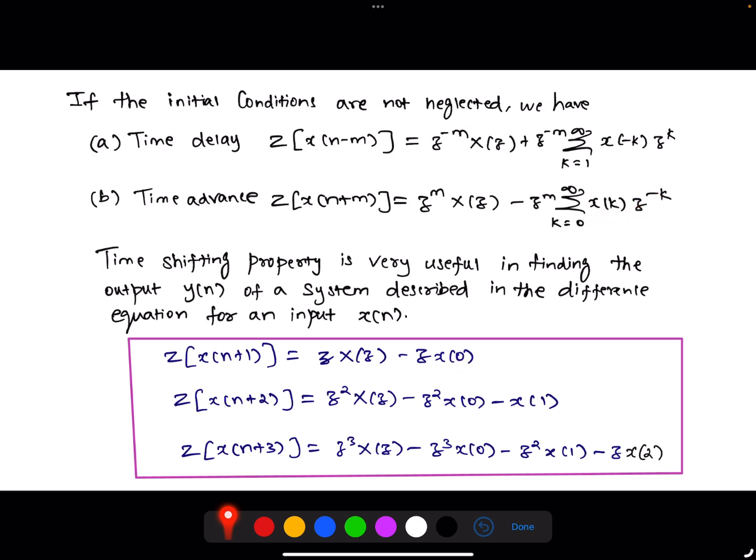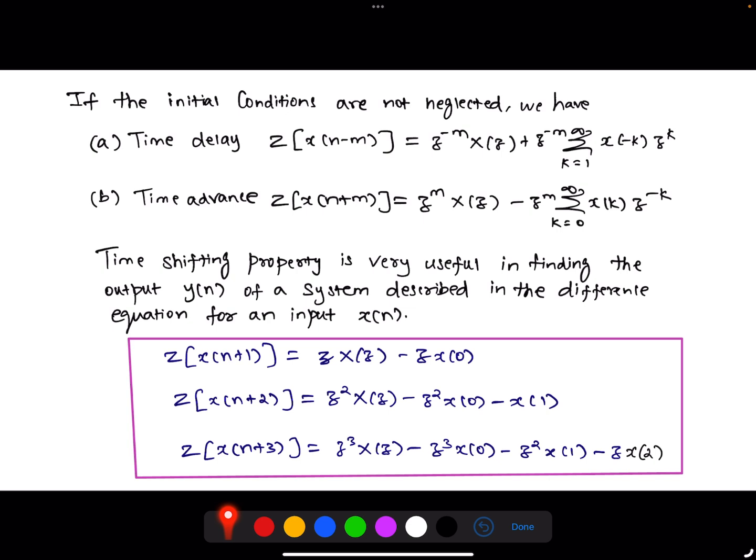And the remaining terms, when you have a k value running after 0, 1, 2, 3, etc., for those values we will not consider them, because we are neglecting those values. We are not neglecting the initial conditions, so we will have this rule.